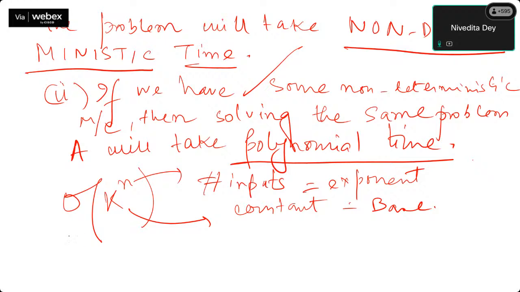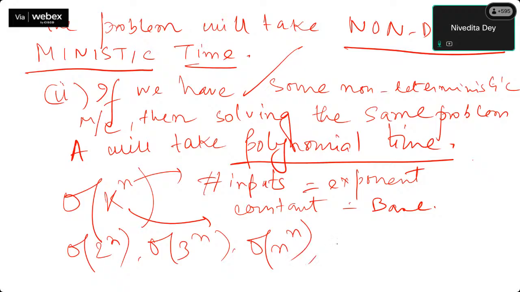So it can be like 2^n, 3^n, likewise. Okay. So these are two kinds of definitions for P and NP.